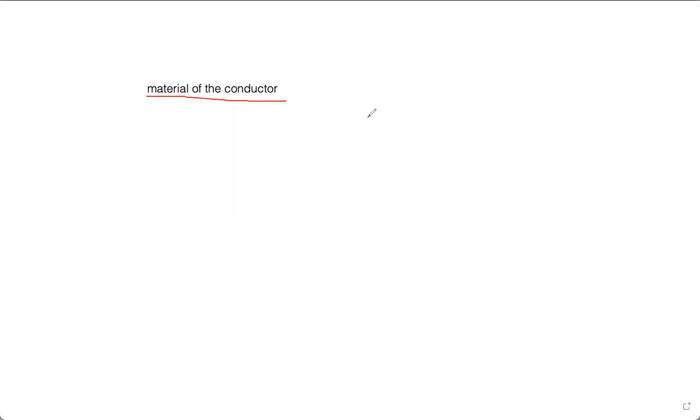So if there's a conductor, let's name it conductor A, and there's conductor B. You have two conductors, both of them are conductors, which means they both conduct electricity. But in A, there are 1, 2, 3, 4, 5 free electrons, and in B, there are only 2.